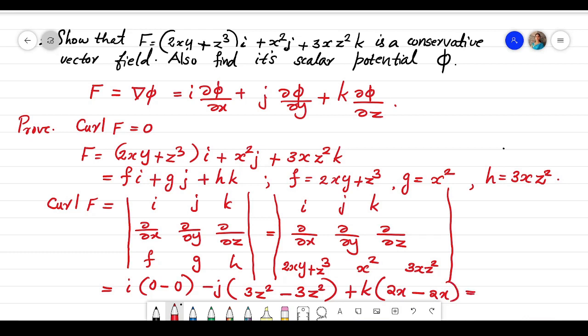So, that is equal to 0i + 0j + 0k. That means this is our zero vector. That means curl F is equal to 0.